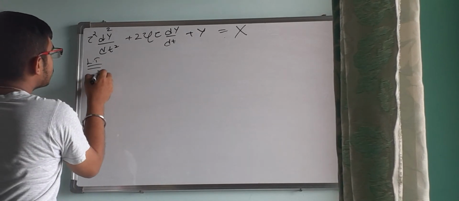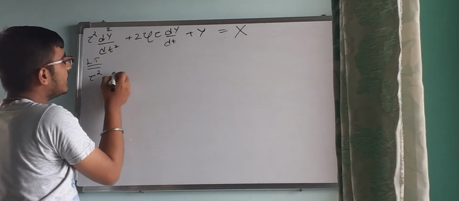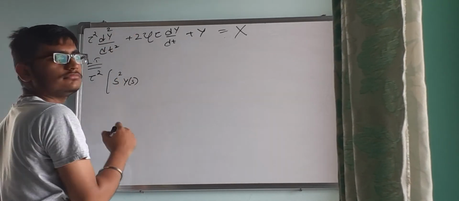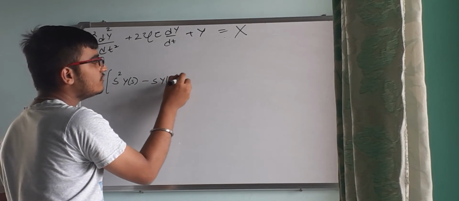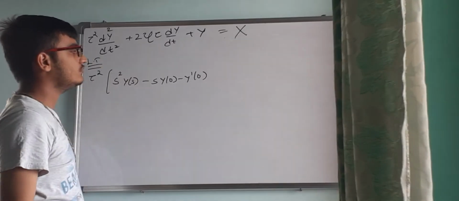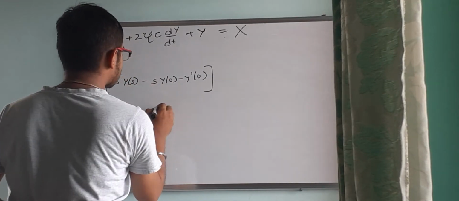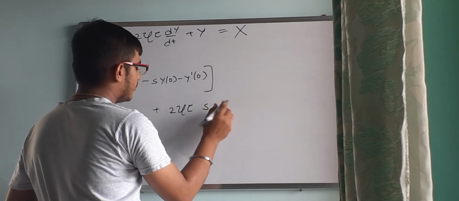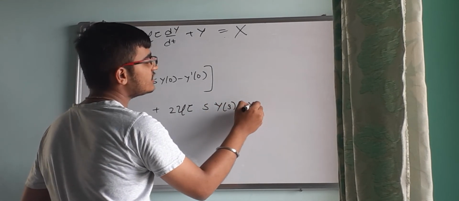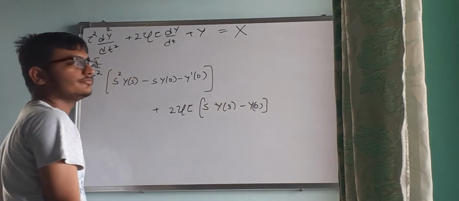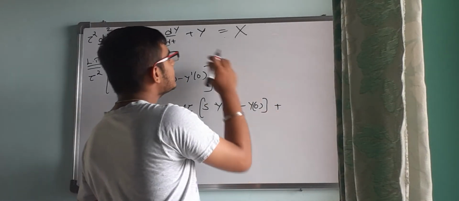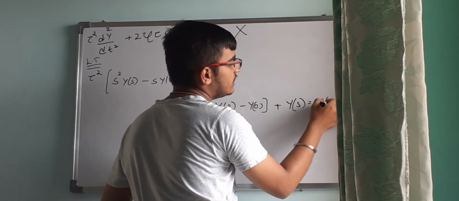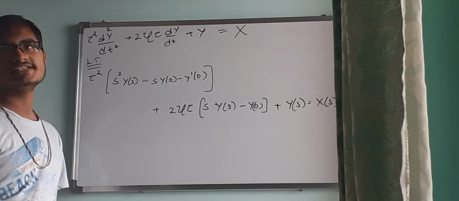Tau square times the Laplace transform of the second order term: s square Y of s minus s into Y of 0 minus Y dash of 0, plus 2 zeta tau times s into Y of s minus Y of 0, plus Y of s, equals X of s, isn't it?